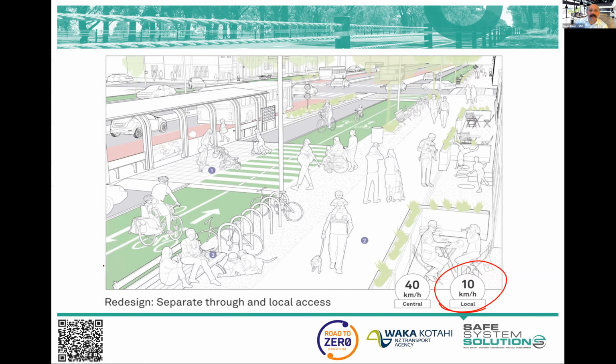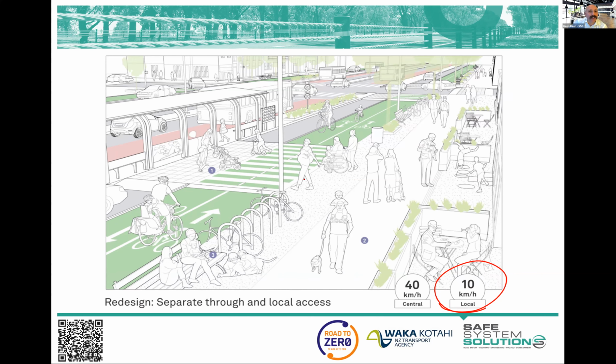So here's the sort of artistic impression of something that still maintains high movement function, high movement function being cyclists, pedestrians moving through the area as fast as possible, public transport and vehicles. Also has quite high place function there as well.